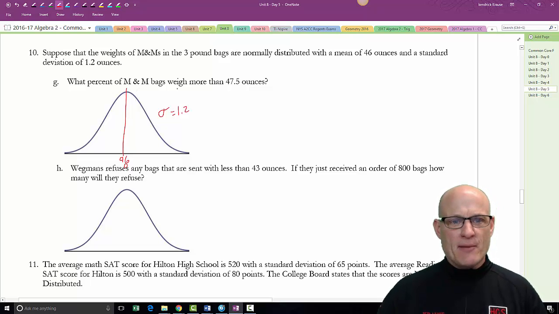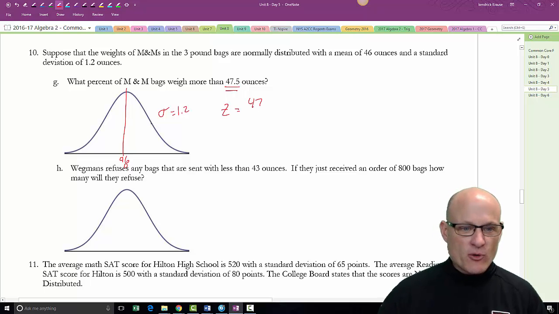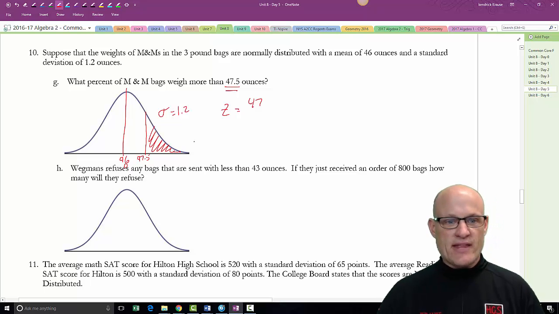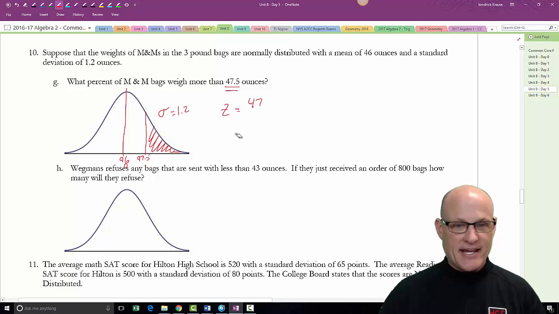What percent of M&M bags weigh more than 47.5 ounces? So we've got to convert that to a z-score. 47.5 should be somewhere around here, and we want way more than that, so we need that tail right there.